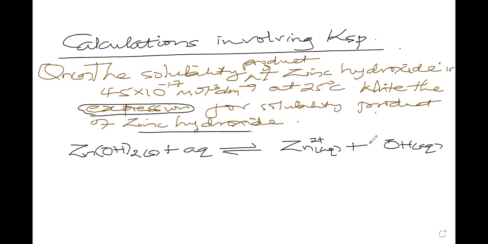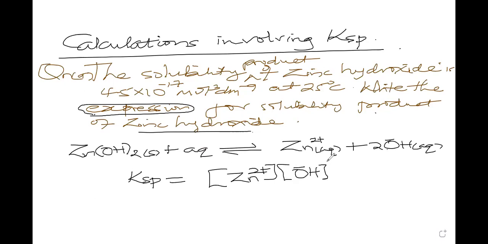There are 2 of them. So that means the expression for solubility product Ksp is concentration of zinc ions multiplied by the molar concentration of hydroxide ions, but this one is squared.